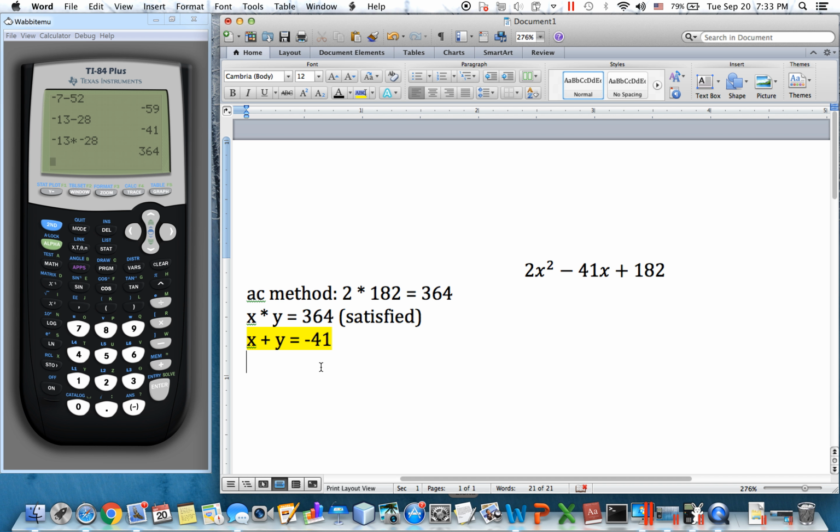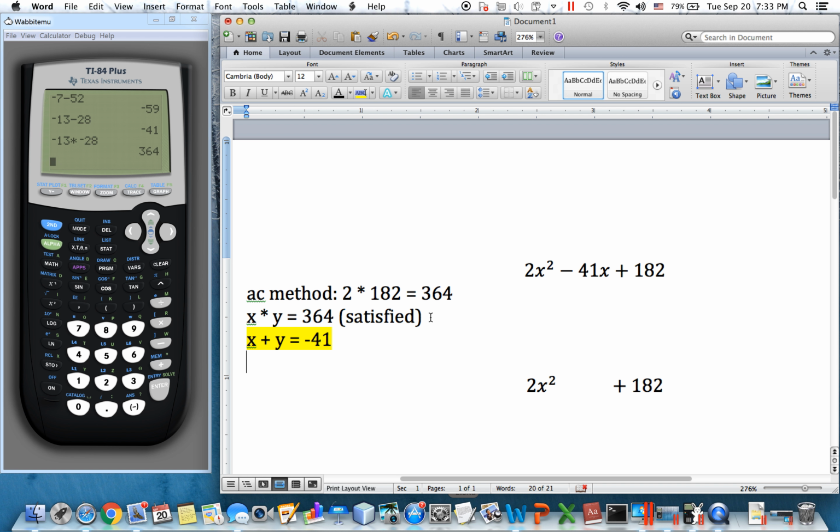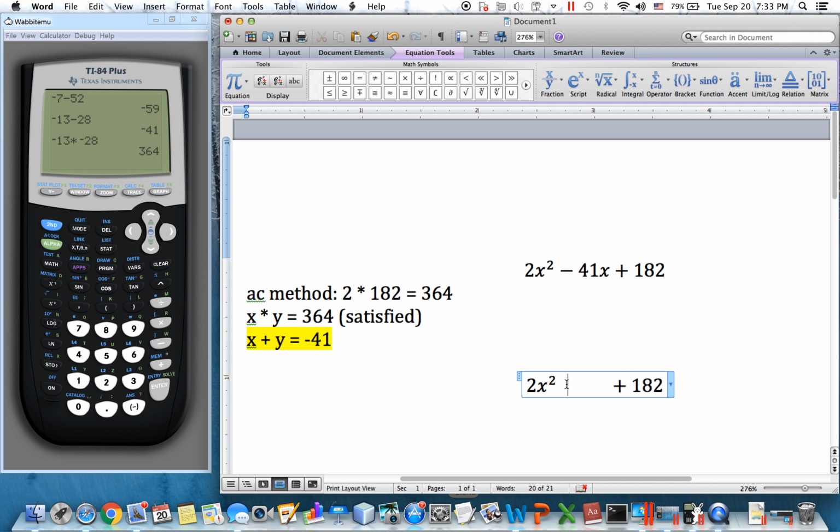So what we're going to do is copy the first number and the last number. The middle number is broken into the two numbers you have just found, so we put negative 13x and negative 28x.